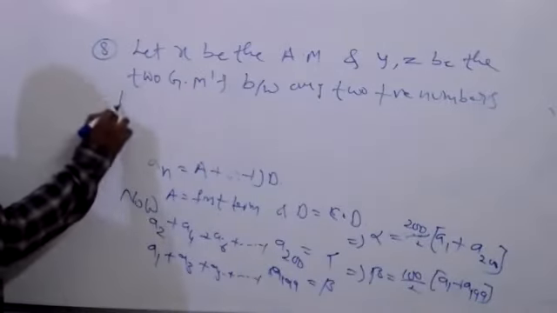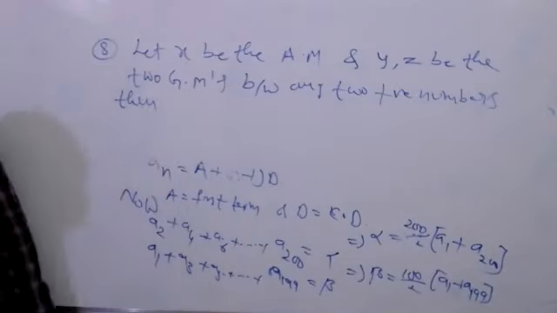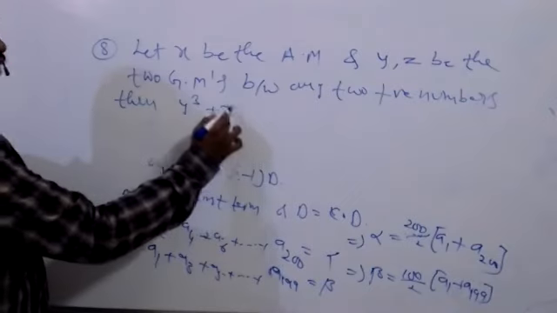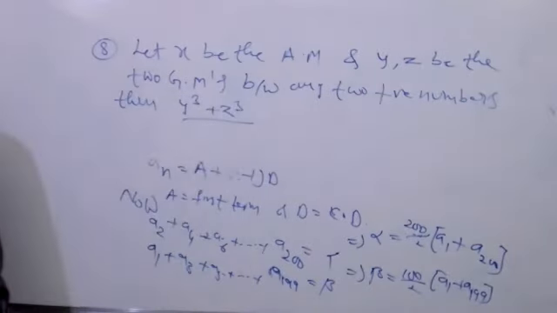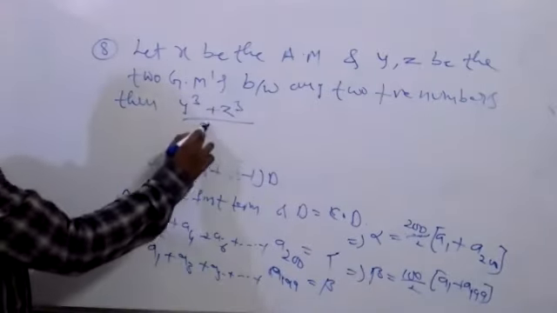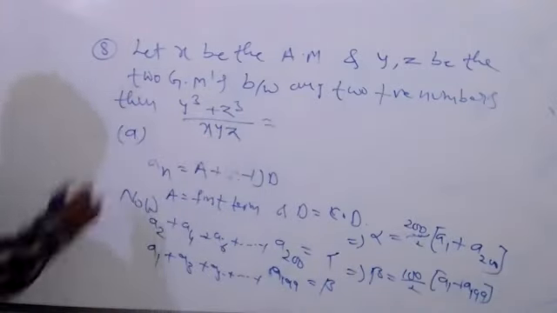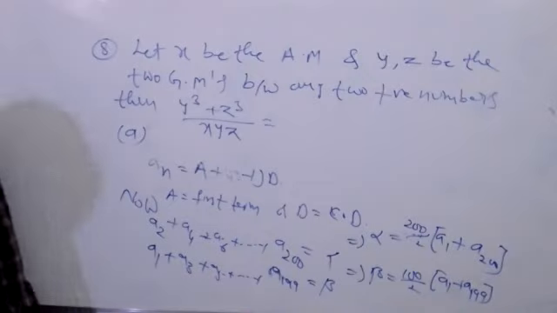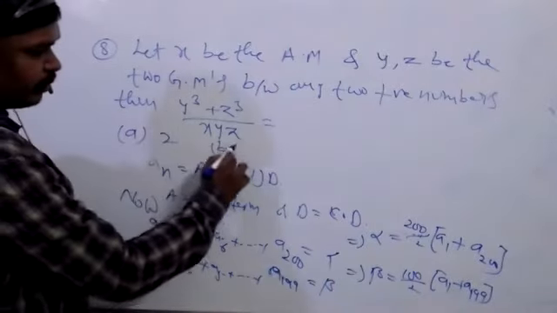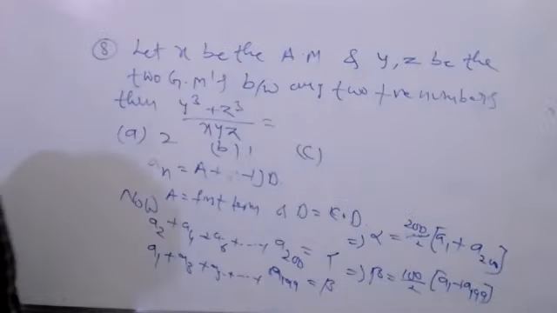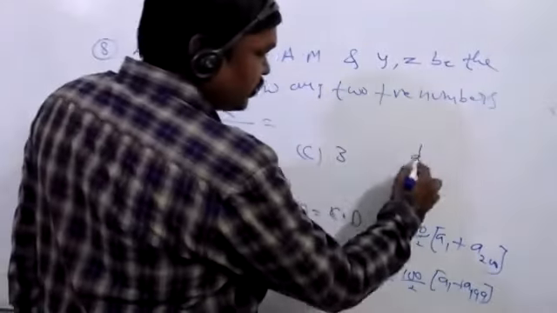Then y cube plus z cube upon xyz is equal to: option A, 2; option B, 1; option C, 3; option D, 4.